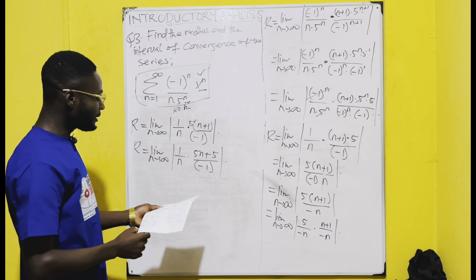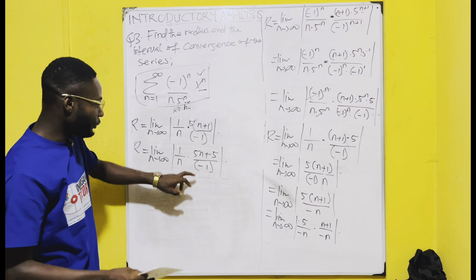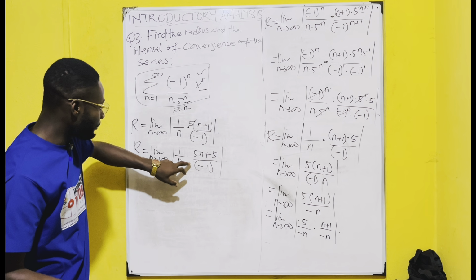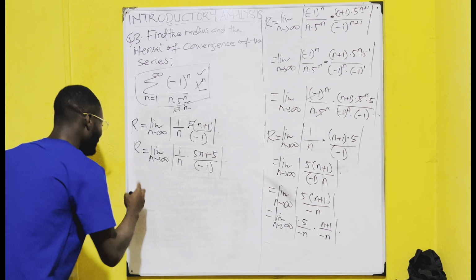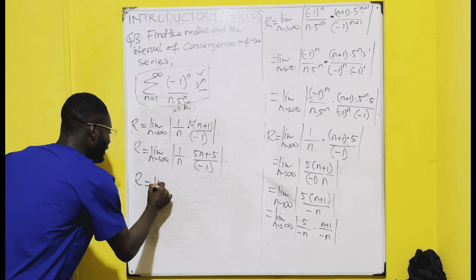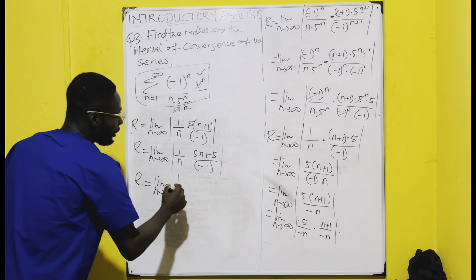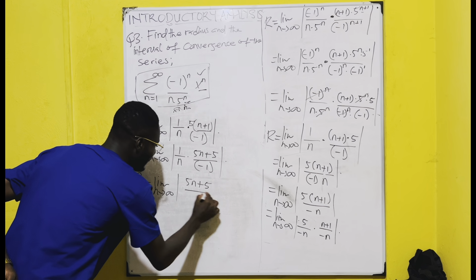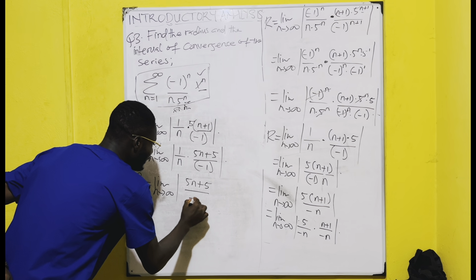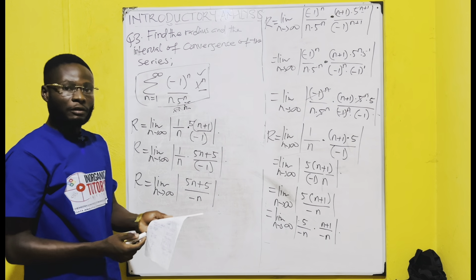Okay, so this is what we have right now. And we know that we can basically now multiply, right? So when we do that, we have the limit as n approaches infinity of 5n plus 5 divided by negative n, right?